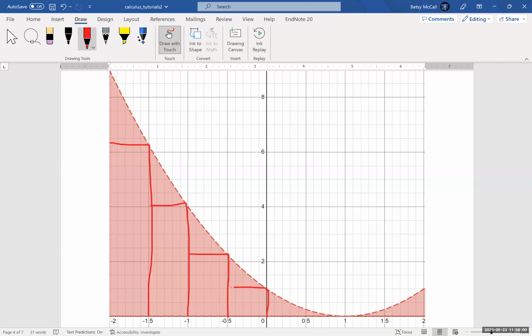And we just always choose that until we get to the part where it's increasing. And then we have to choose the left-hand rule.